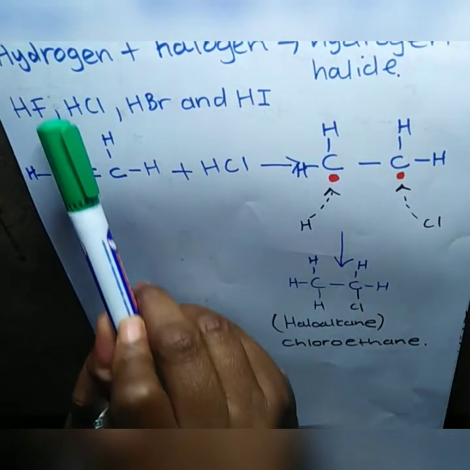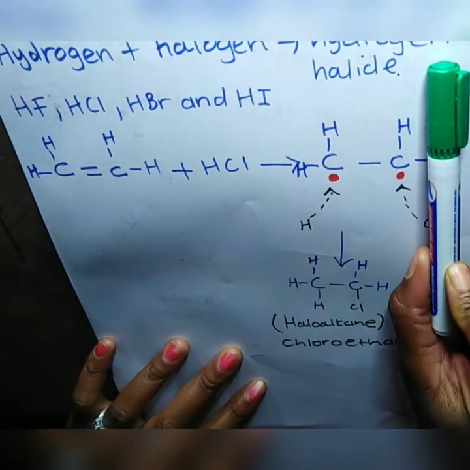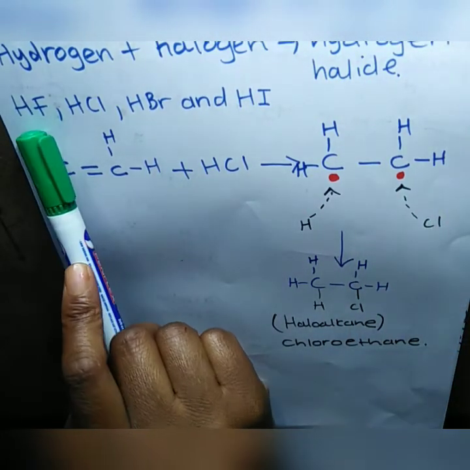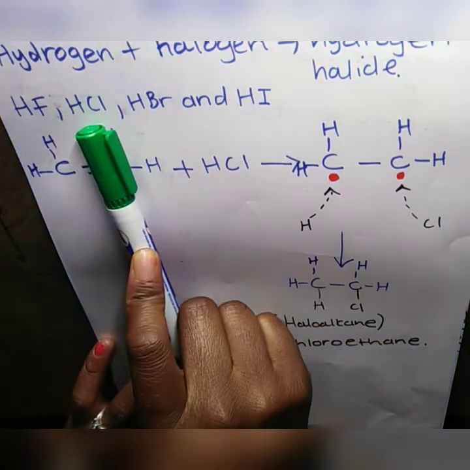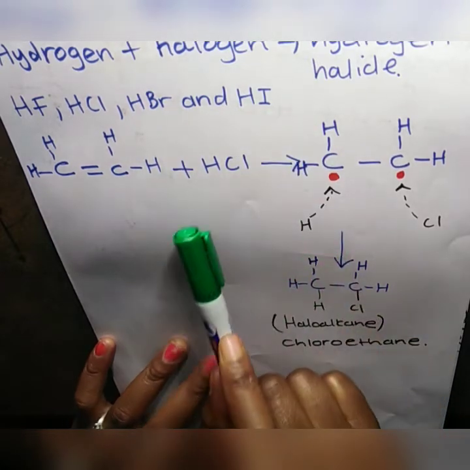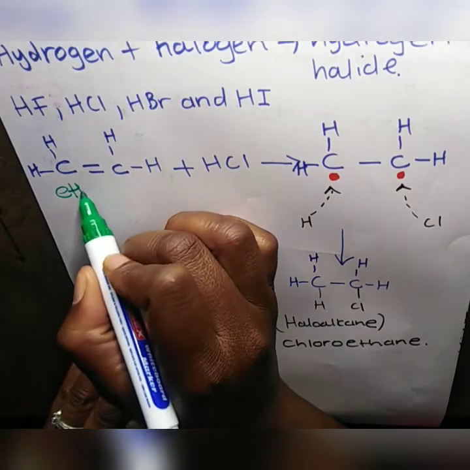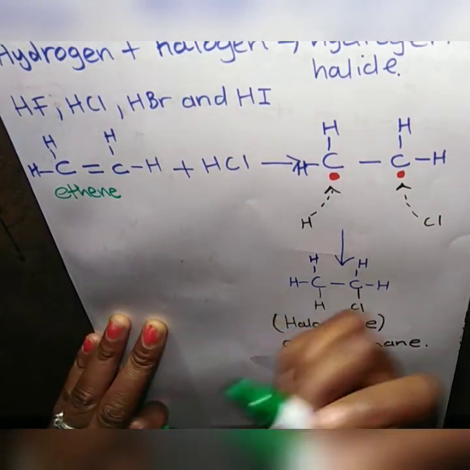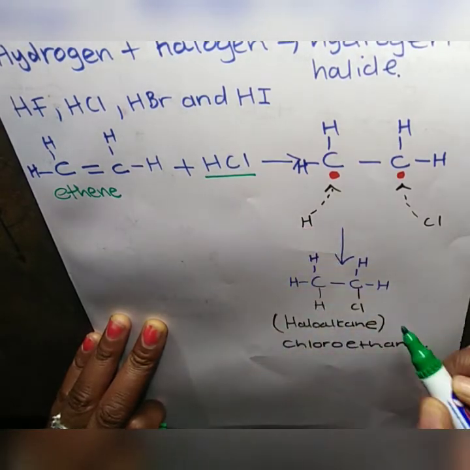So when we react our hydrogen and our halogen, we get what we call a hydrogen halide. These hydrogen halides include hydrogen fluoride, hydrogen chloride, hydrogen bromide, and hydrogen iodide. So in this particular example, we are reacting our ethene with hydrogen chloride.